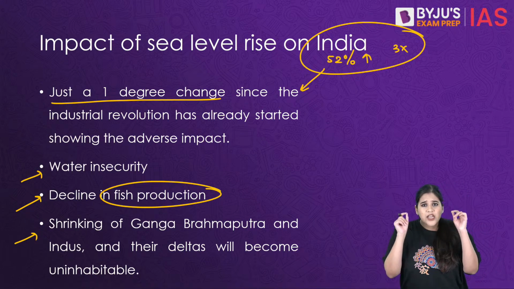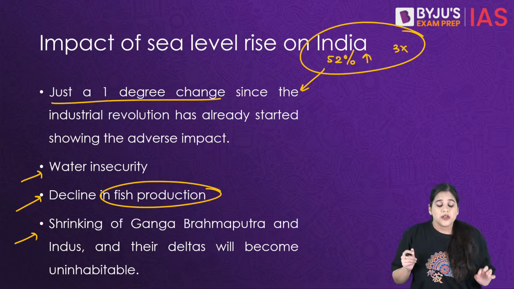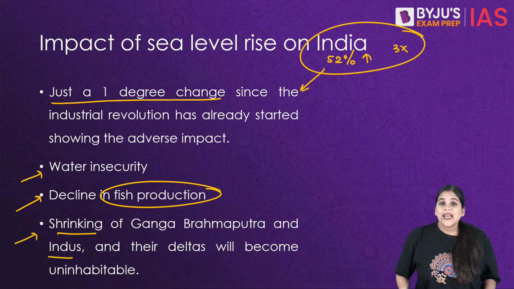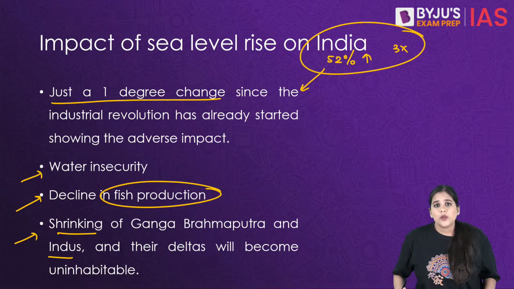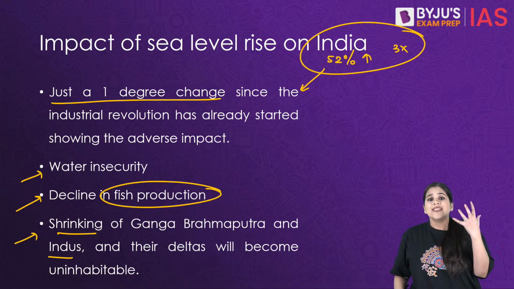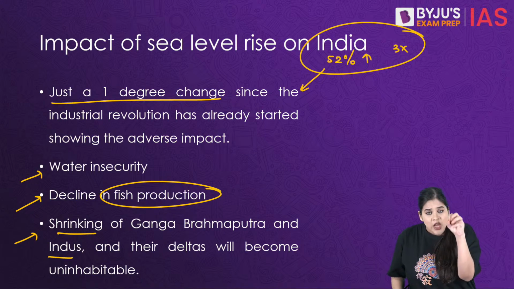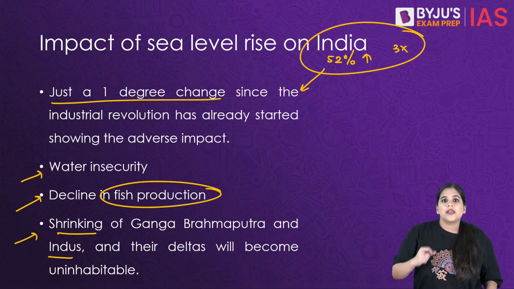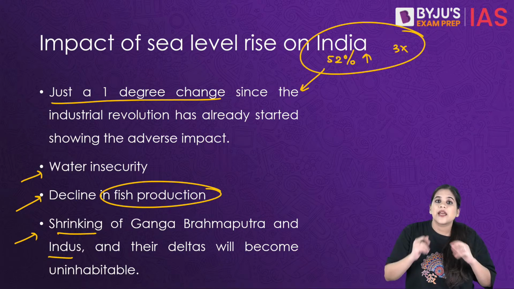Apart from that, a very important event that will happen is shrinking of Ganga, Brahmaputra and Indus deltas. So how will that happen? Now once the glaciers shrink, the amount of water going into these rivers will reduce. Moreover, the sea will come inland and the delta areas will get submerged.